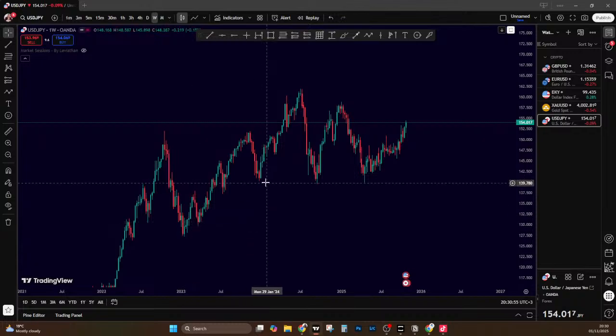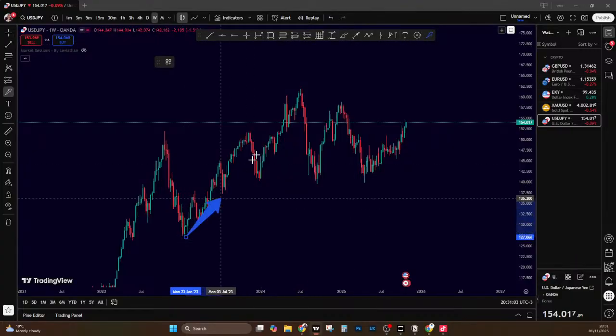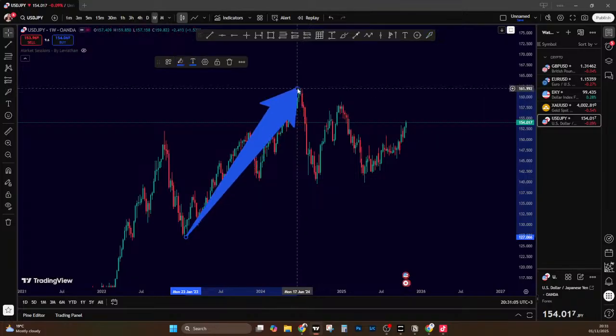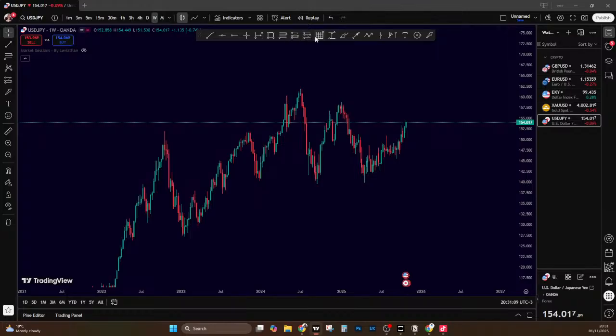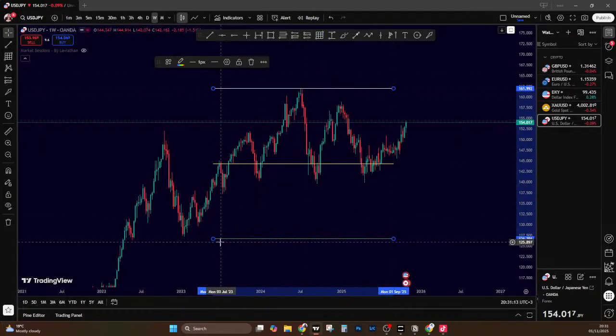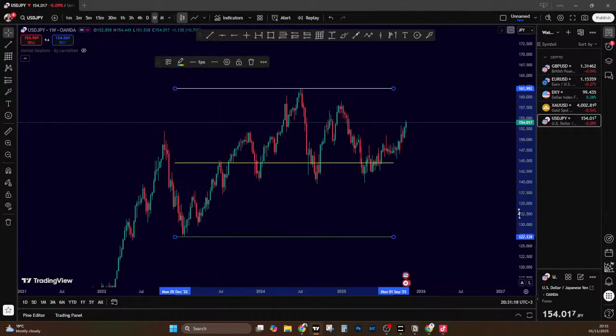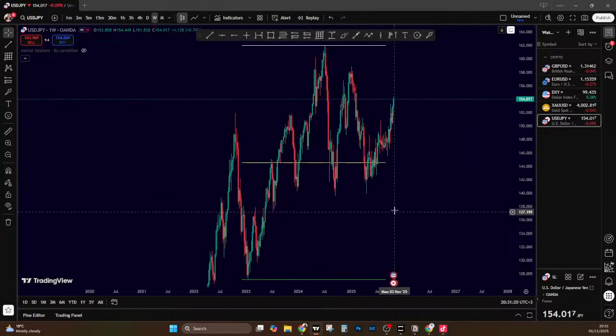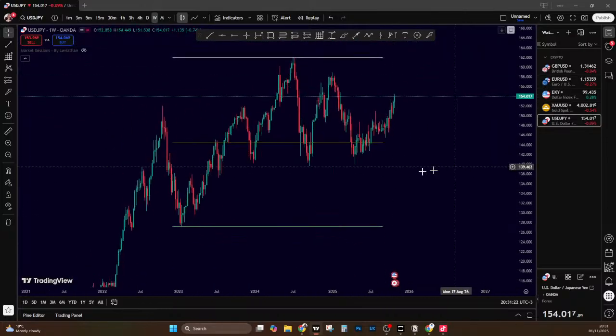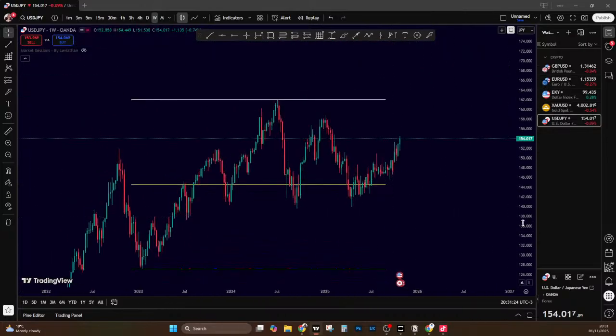When this move happened, from this low to this high, the market never came down to buy from a discounted area.